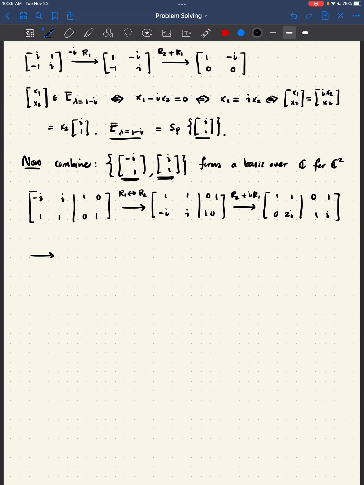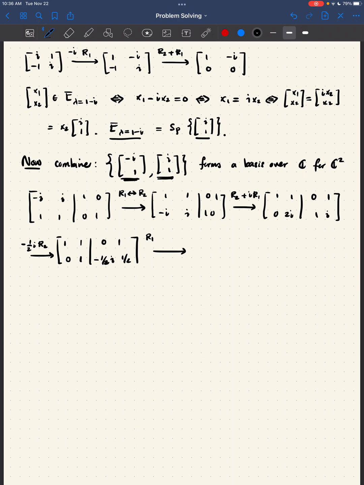So now I'm going to multiply the second row by negative 1/2 i, and thus obtain this matrix: 1, 1, 0, 1, 0, 1, negative 1/2 i, 1/2. Then from this, one more reduction.